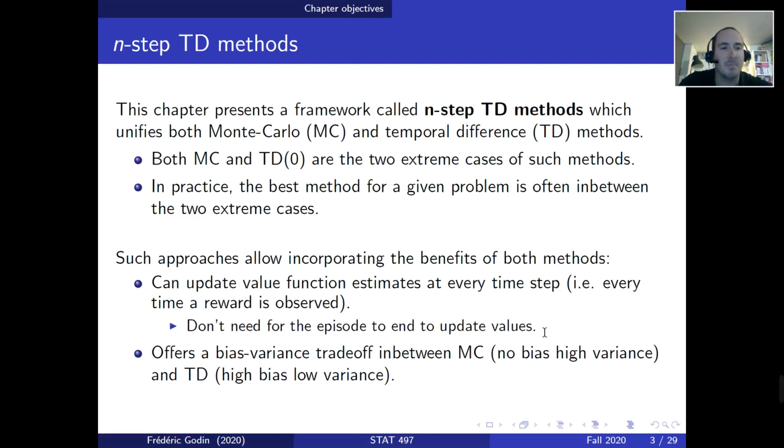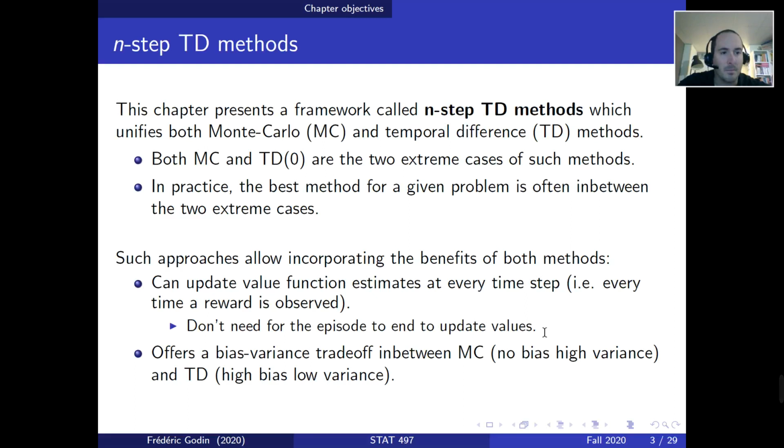We use an estimate of the value function instead of the true one to design the target, and this introduces some bias. We're going to see that the n-step method, depending on the value of n, dampens the impact of such bias.